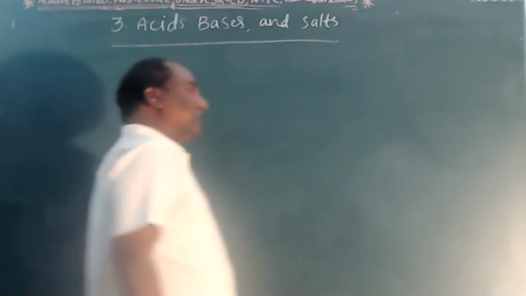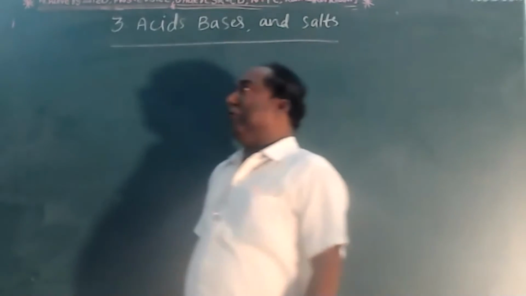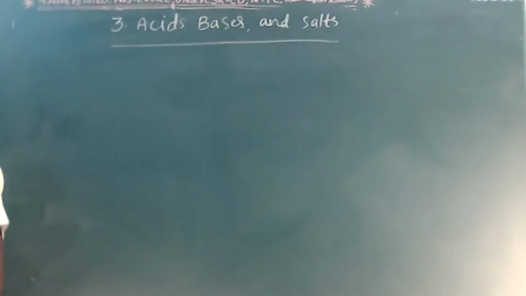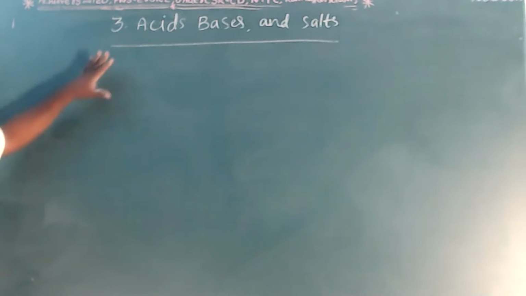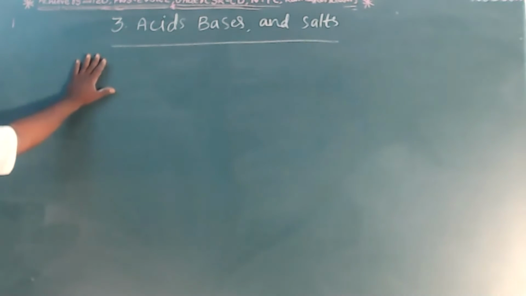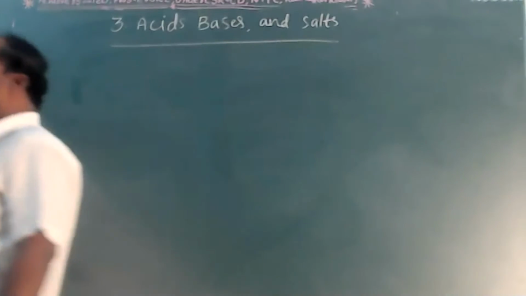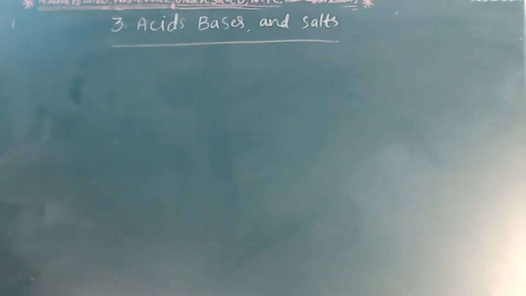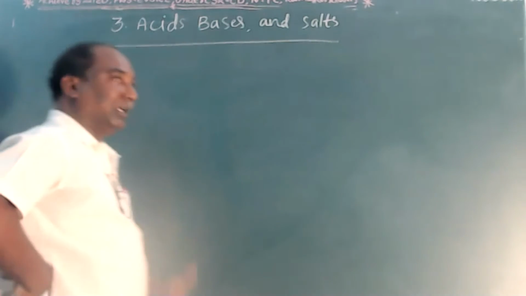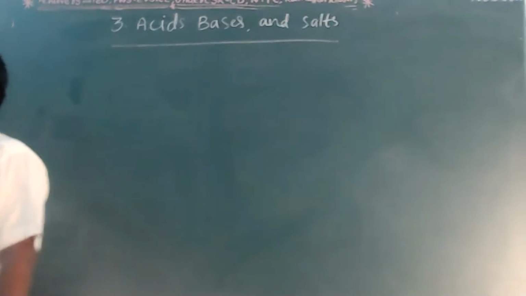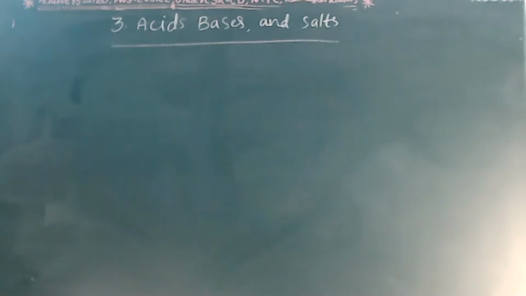Children, in our daily life we have to taste many things, which contain different kinds of taste. For example, try to eat tamarind, it will be sour in taste. And try to eat bitter gourd, it will be bitter in taste.